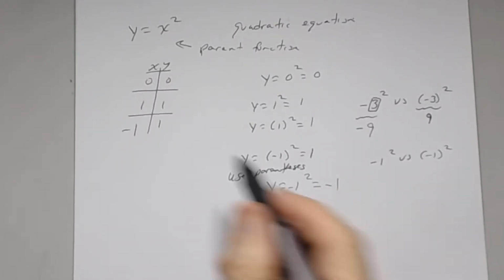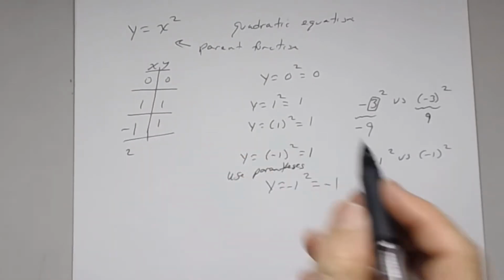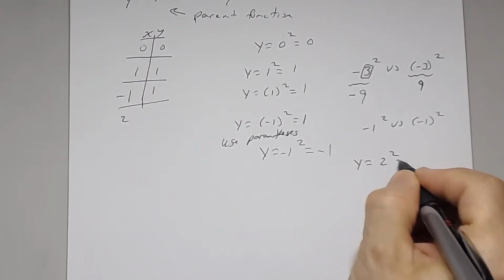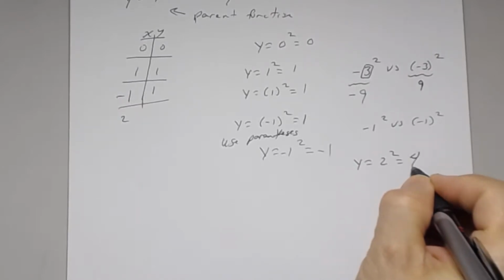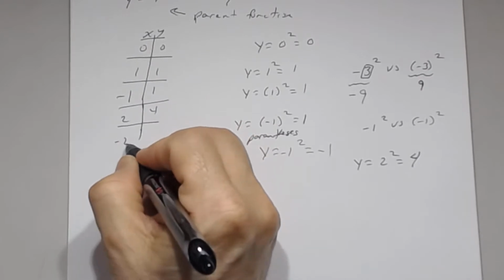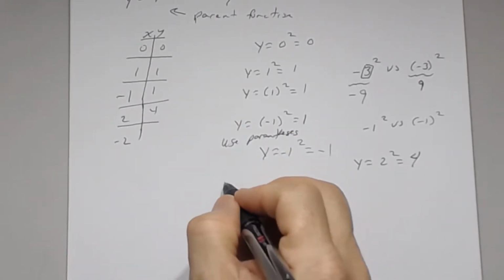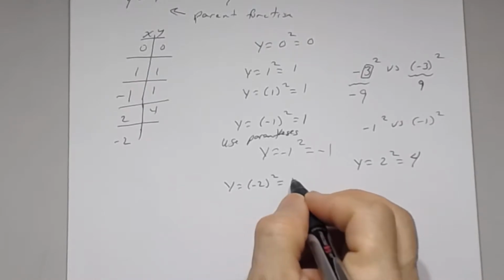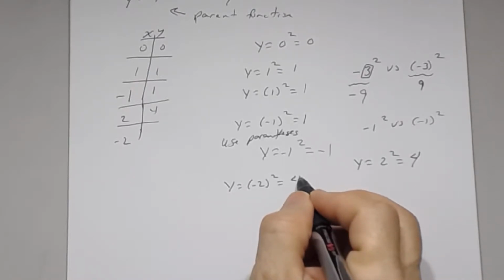If x is 2, I get y equals 2 squared, which is 4. If x is negative 2, again, y equals negative 2 squared in parentheses, which is positive 4, right?